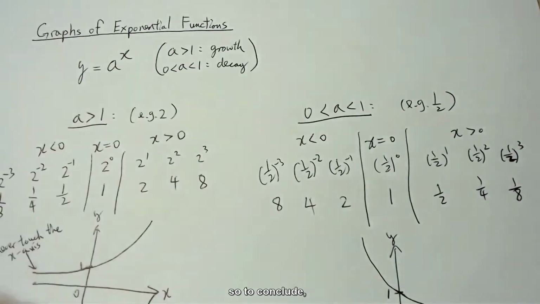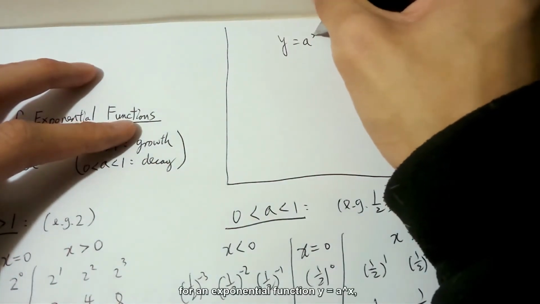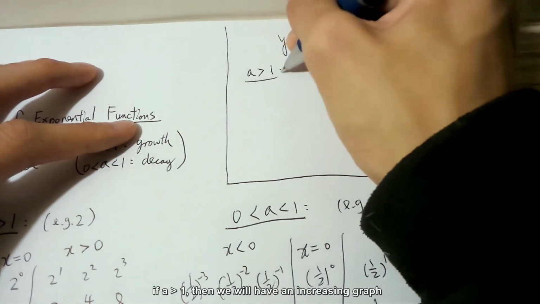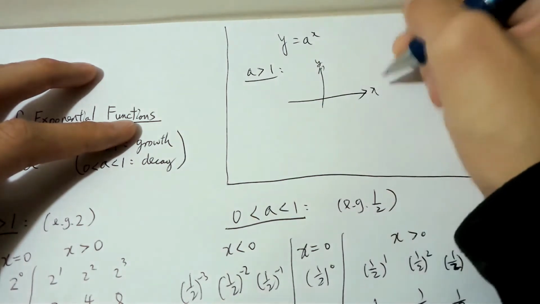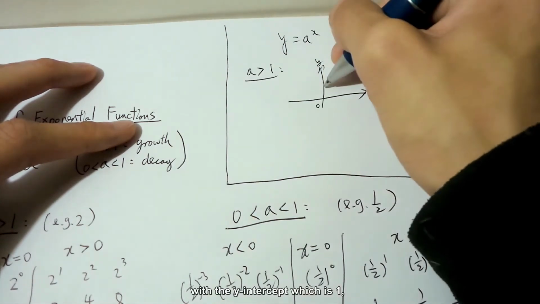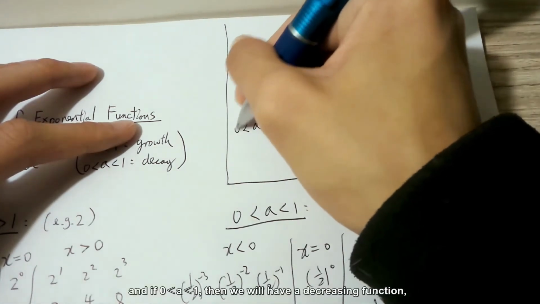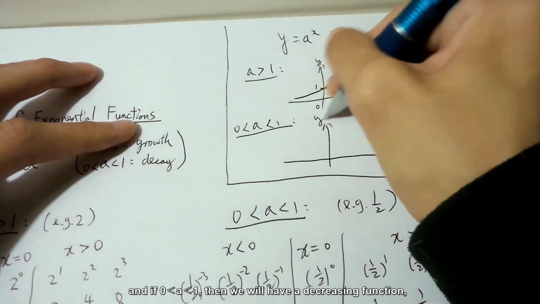So to conclude, for an exponential function y equals a to the power x, if a is bigger than 1, then we will have an increasing graph with the y-intercept which is 1. And if a is smaller than 1 and bigger than 0, then we will have a decreasing function.